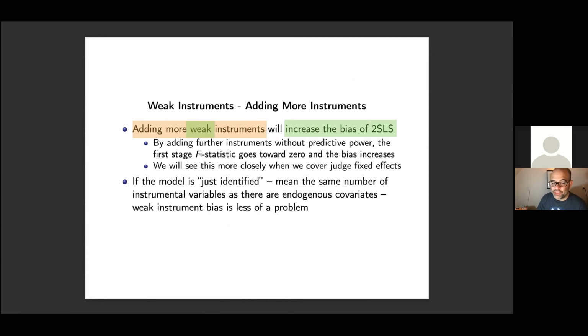By adding further instruments without predictive power, every time you add in a weak instrument, you're going to cause that first stage F statistic to go towards zero. We're going to see this more closely when we cover judge fixed effects. If the model is just identified, weak instrument bias is less of a problem so long as the instrument is strong in the first place.